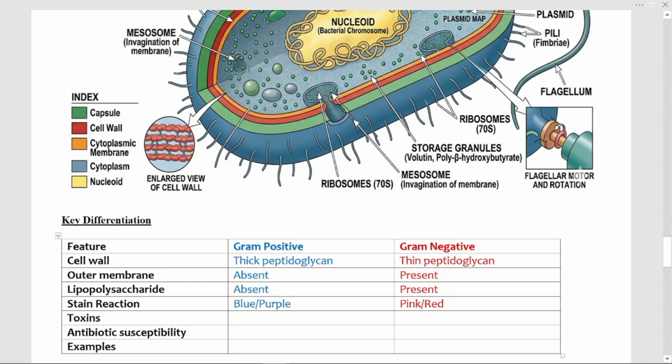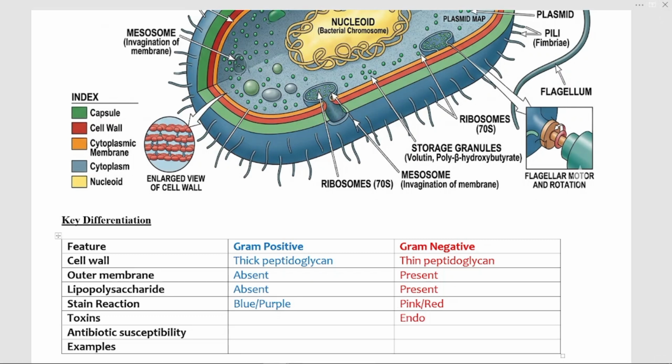Now, in terms of toxins, I told you that the gram-negative always contain the outer membrane. The outer membrane is always constituted with lipopolysaccharide, which forms the endotoxins. So endotoxin is only found in gram-negative bacteria.